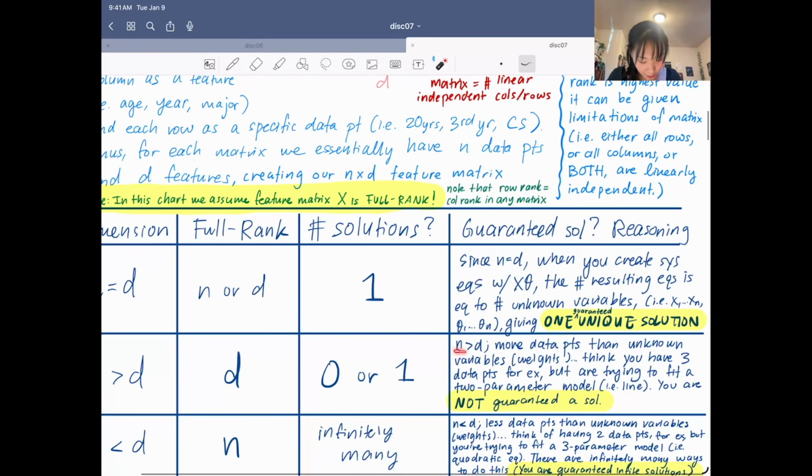Well, when n is greater than d, there are more data points than unknown variables, which are the weights. You can think about it as having 3 data points, for example, but you're trying to fit them to a 2-parameter model, like a line. You have more data points than weights to create the model.